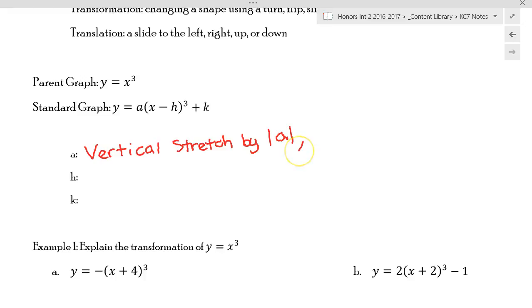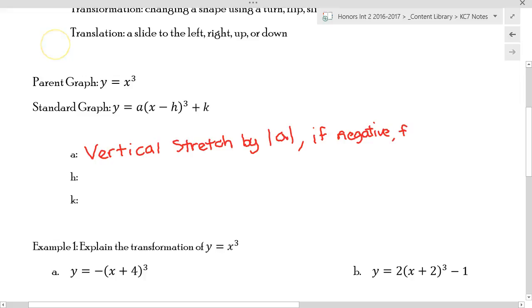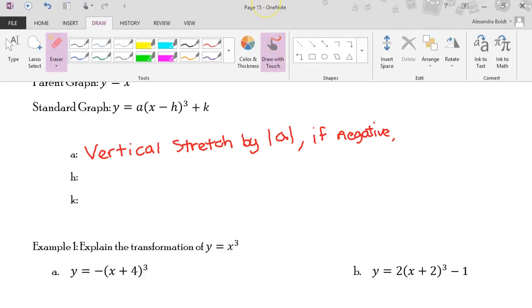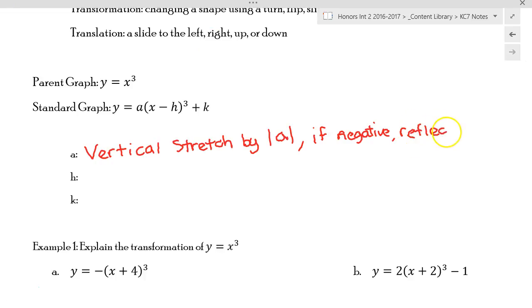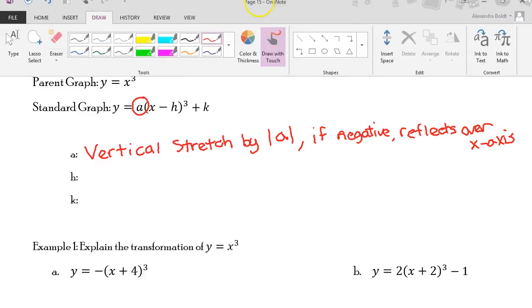One thing that's not there is if negative. If A is negative, we say it flips over the x-axis. I'm actually not going to use the word flip. I'm going to use the word reflect because that is our true math vocabulary. So if negative, it reflects over the x-axis. Okay? So that's what A does.